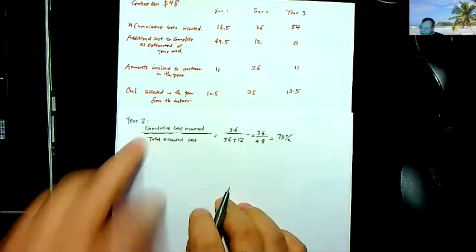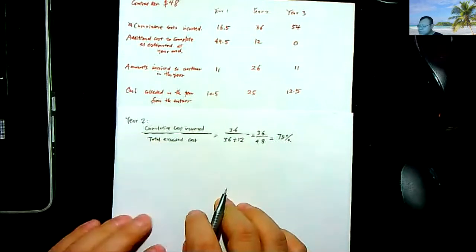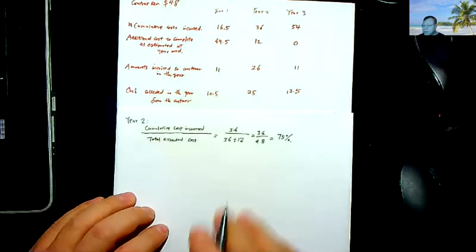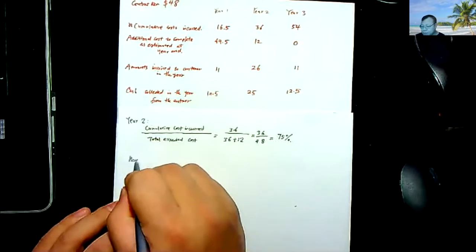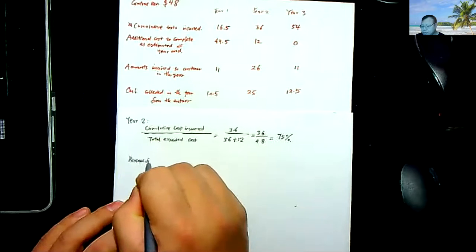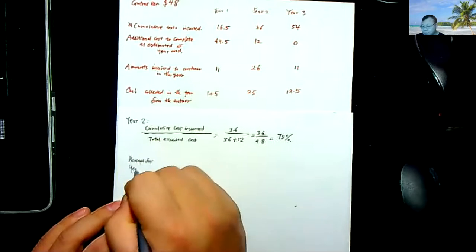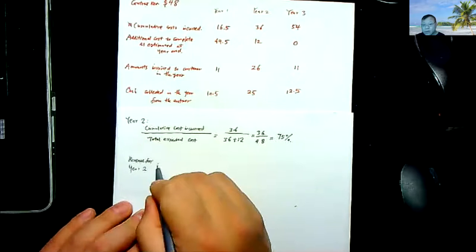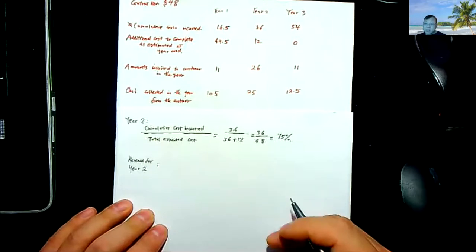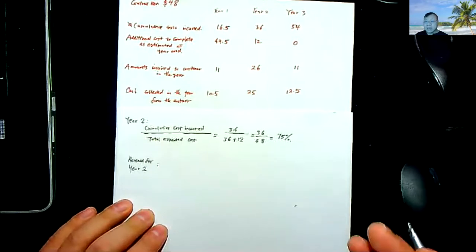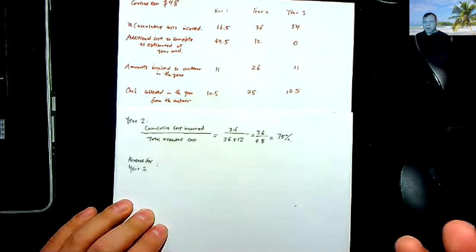Okay, I think, yeah, 75%. So what's my revenue for year two? The revenue for year two is the cumulative revenue that should be recognized by the end of year two minus the revenue that has been recognized by the end of year one.